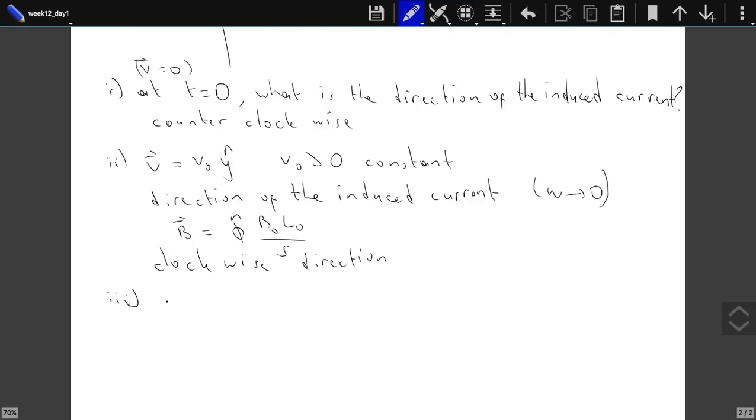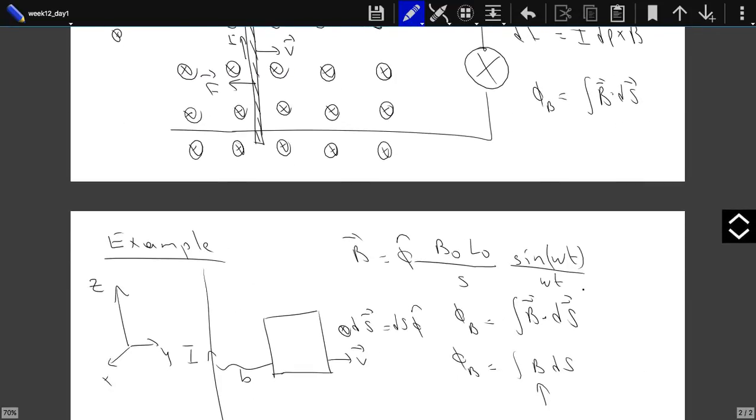What is the EMF in the loop at the time t? It might be moving, it might be at rest, the current can be changing. This is our B field. The loop can also be moving.